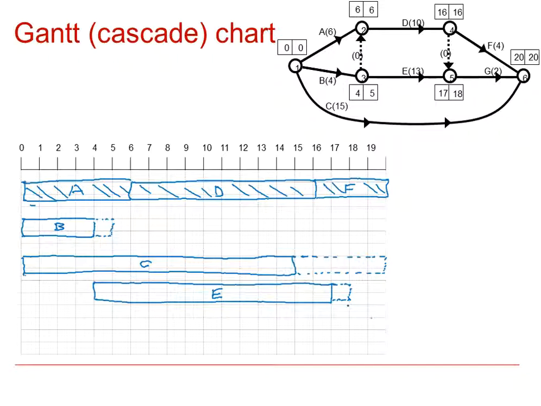And then lastly we have activity G, which could start as early as 17 and last for 2. So start at 17 and would last for 2, so that would take us up to 19. So that's G. It could finish as late as 20, so it has 1 unit of float shown with a dotted line.